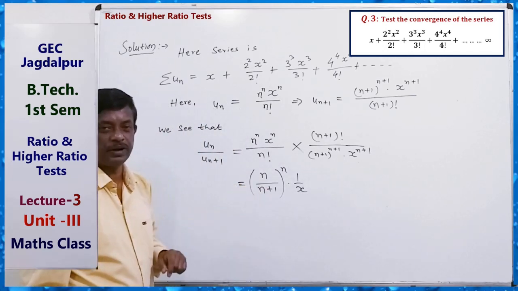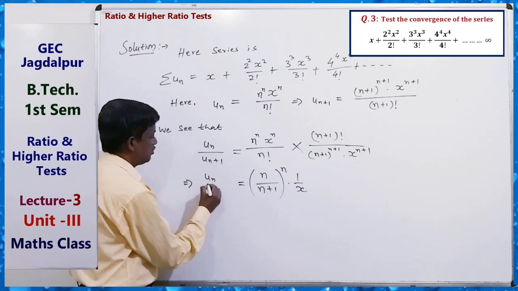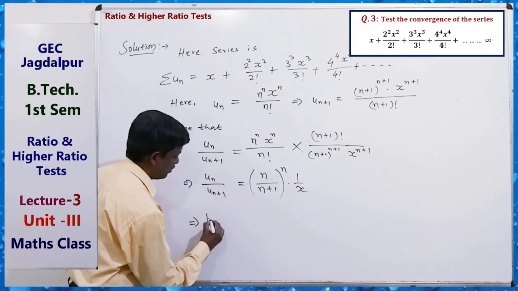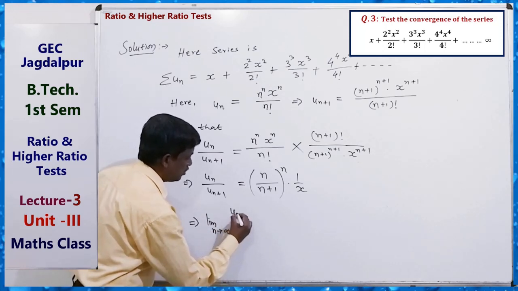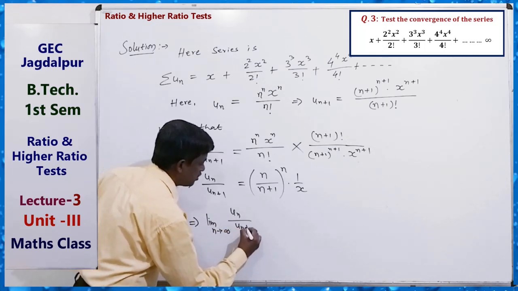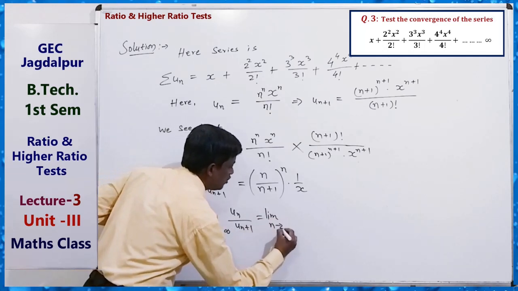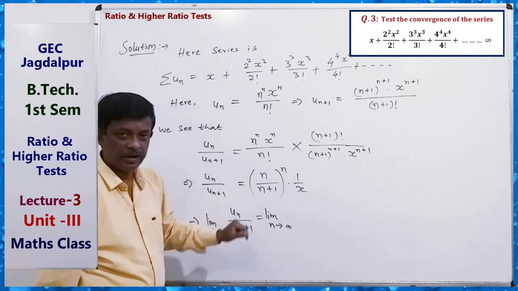So its limit will be what? Limit as n tends to infinity of un upon un plus 1 equals limit as n tends to infinity of n upon n plus 1, all power n, into 1 by x.